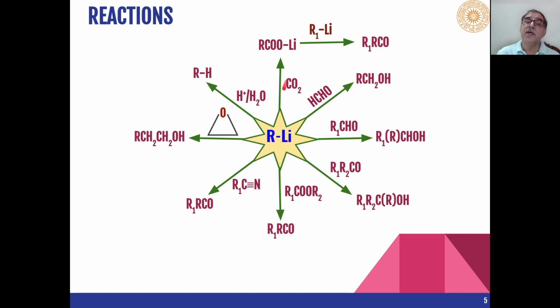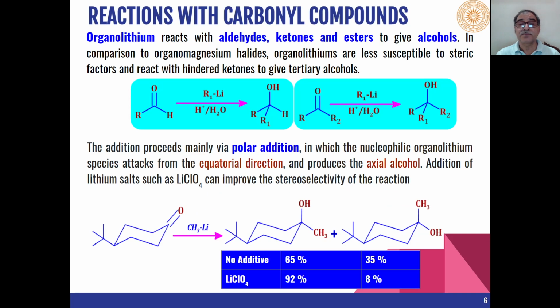Then carbon dioxide reacts with alkyl lithium to give us lithium carboxylates, and these lithium carboxylates will react with another molecule of alkyl lithium, which may be the same or which may be different, to give us symmetrical or unsymmetrical ketones as the product. So these are some of the common reactions which take place in case of alkyl lithiums, and we will discuss these reactions in detail one by one.